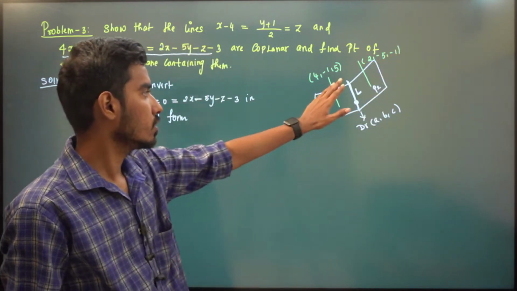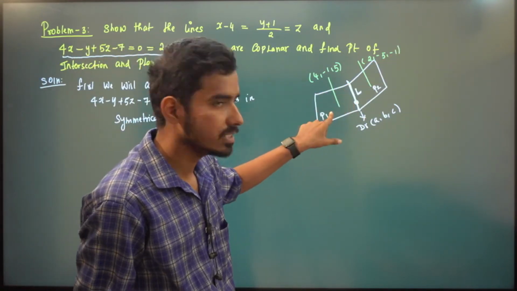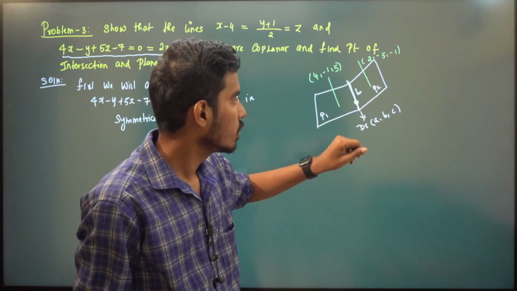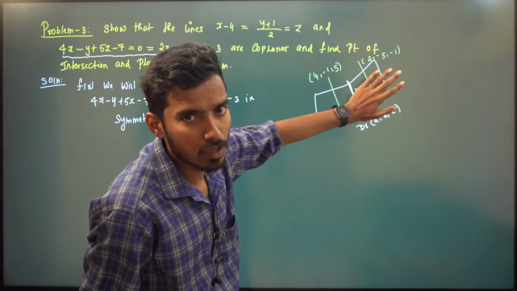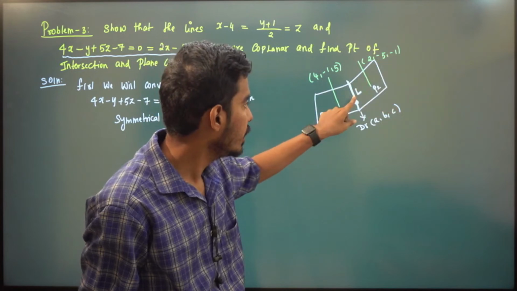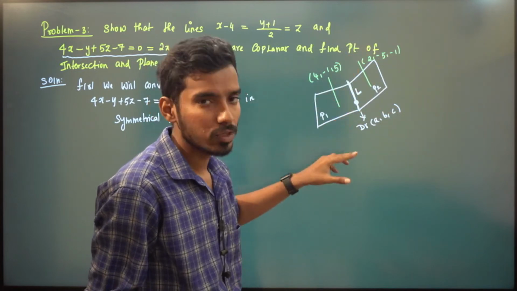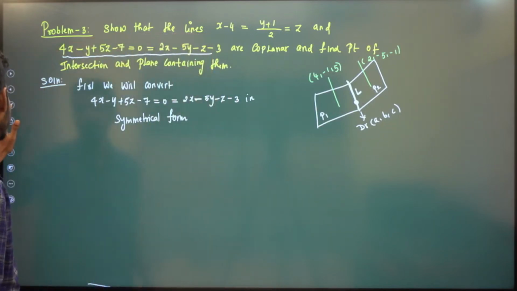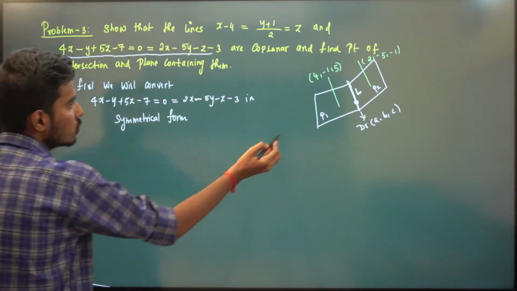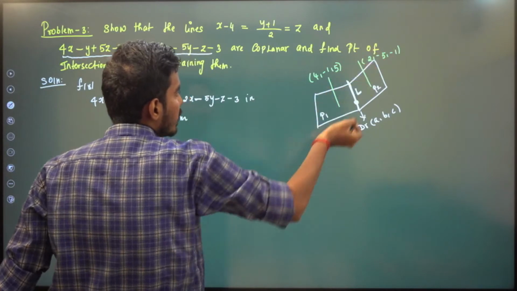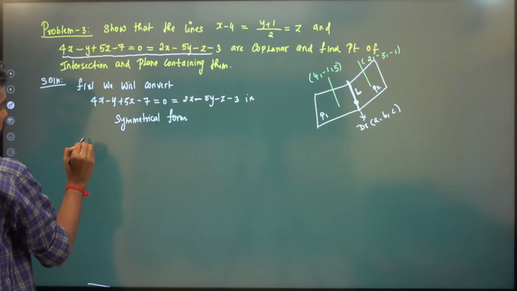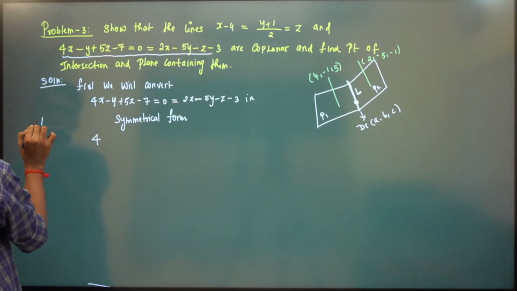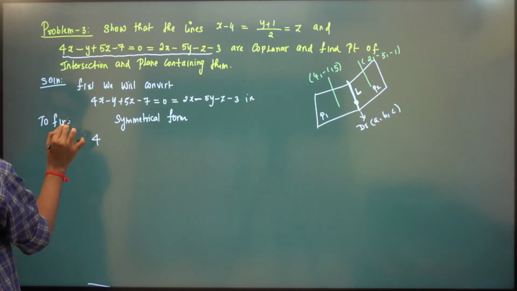And we know this line L lies in P1 as well as in P2. The normal is perpendicular to the plane, so it will be perpendicular to this line also. Therefore the corresponding direction ratios will satisfy a1a2 plus b1b2 plus c1c2 equal to 0. So we have to find the direction ratio.